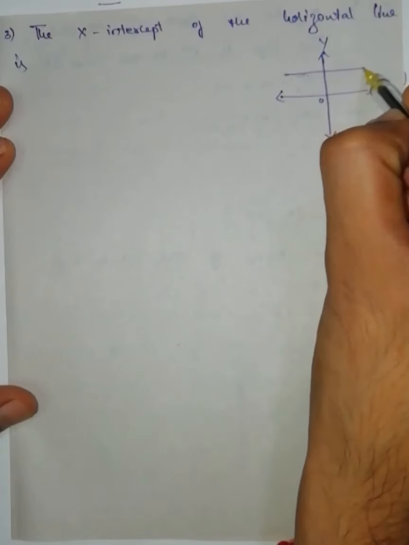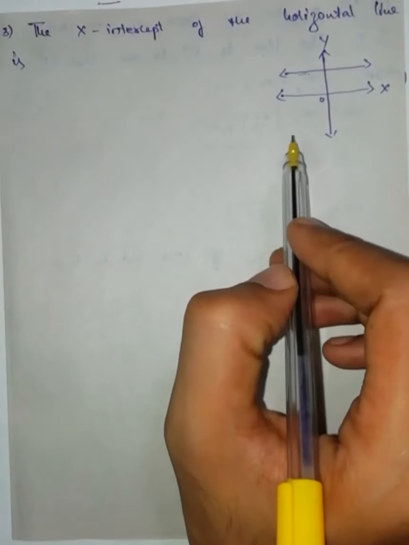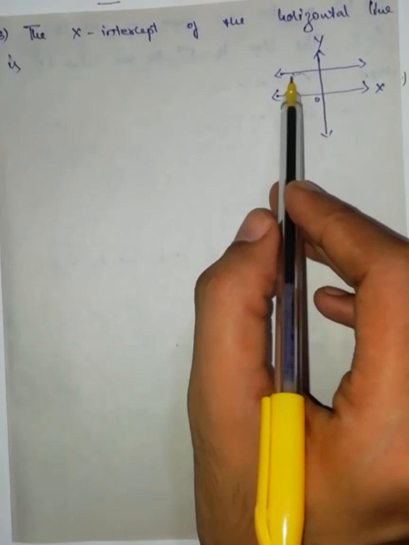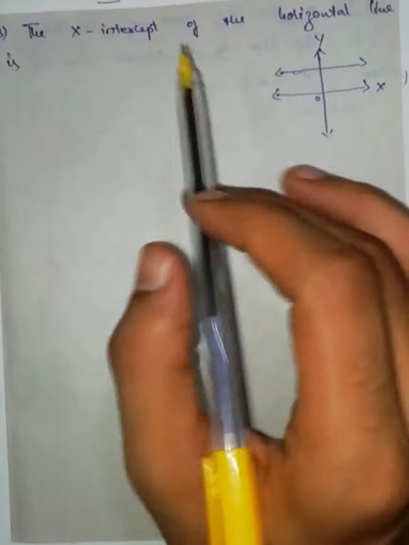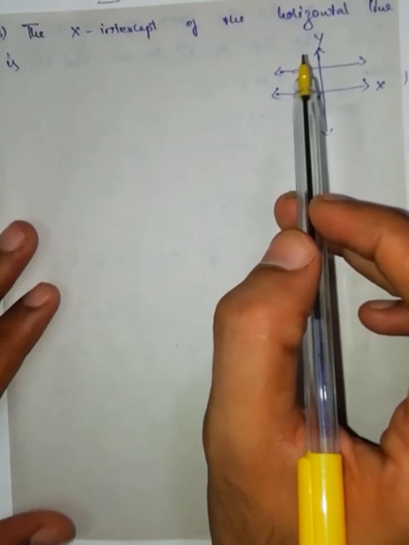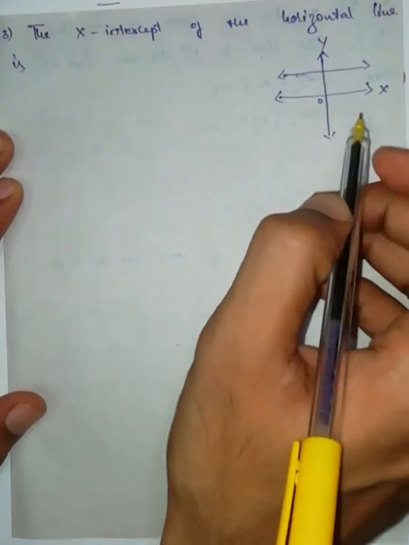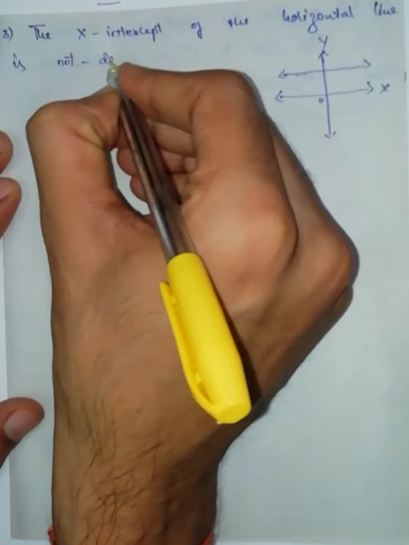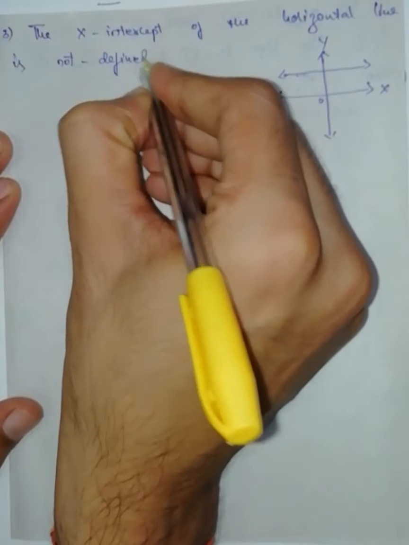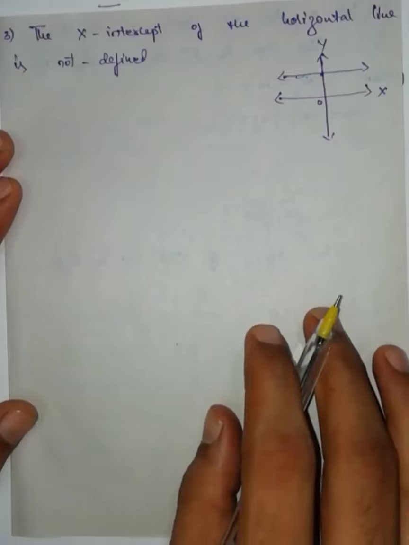What is the x-intercept of this horizontal line? Since the line never intersects the x-axis, it has no x-intercept. Therefore the x-intercept of any horizontal line is not defined. But there will be a y-intercept, but there will be no x-intercept.